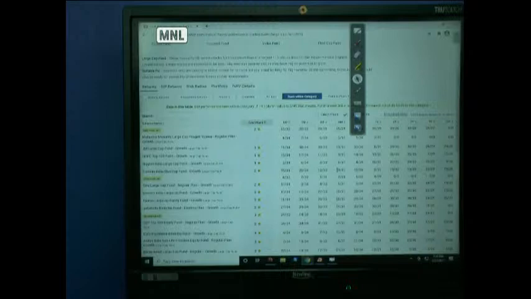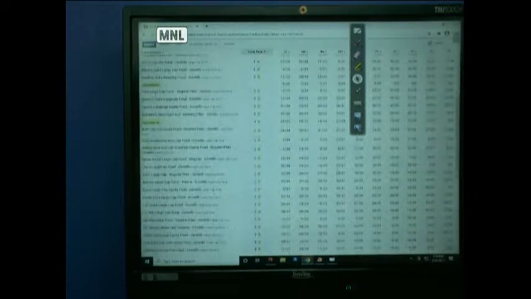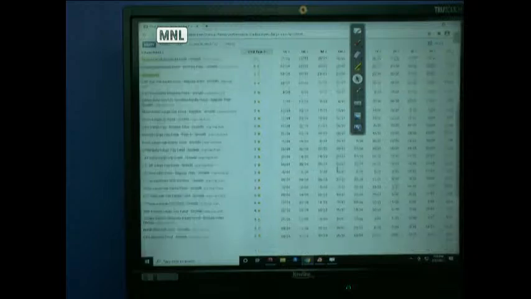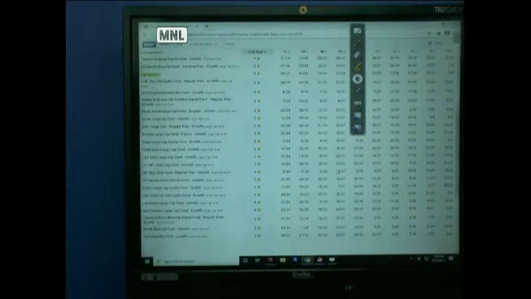Okay, so we will look at the first one or two over a period of 1 year, 2 years, 3 years. Okay, let us look at Axis Blue Chip Fund.